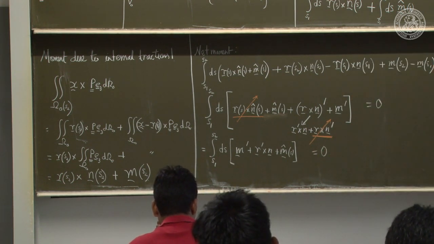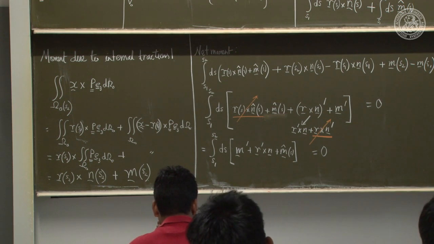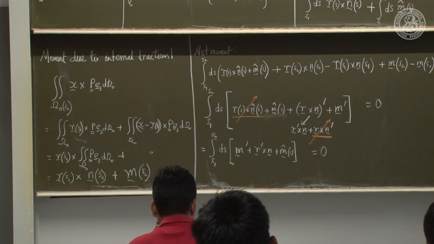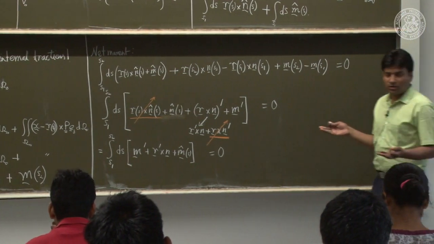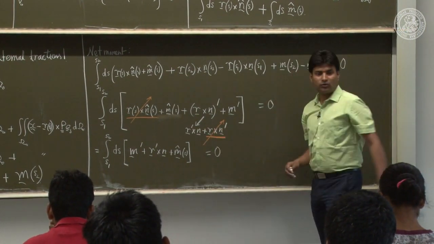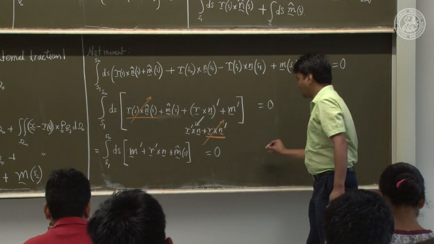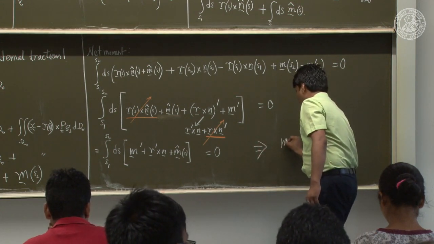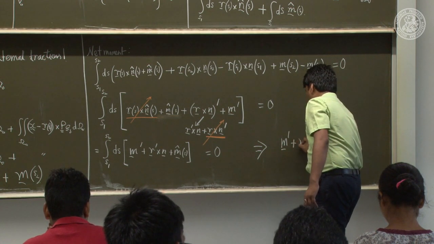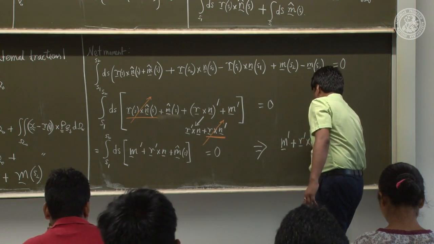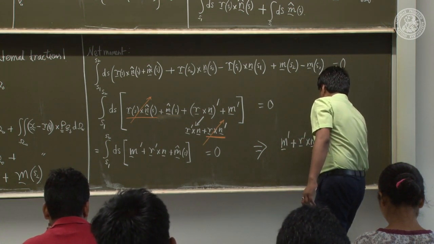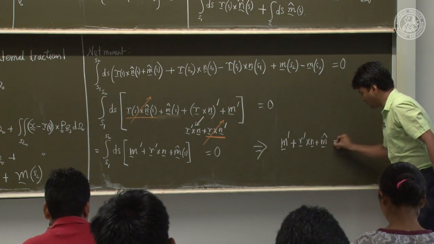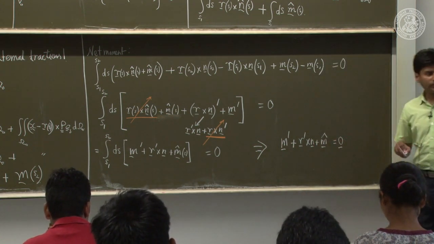And since this will happen for any section of the rod, S1 and S2 are arbitrary. So, this implies that the integrand within is also 0. So, this gives us the equation m prime plus r prime cross n plus m hat equal to 0.